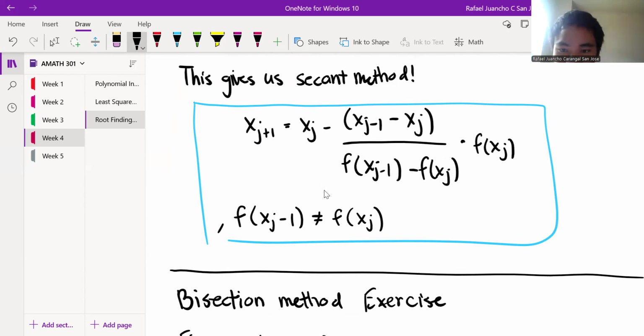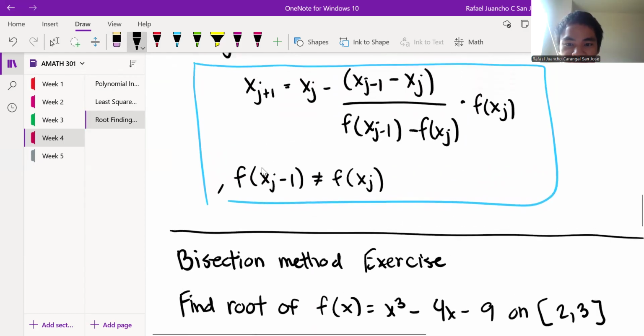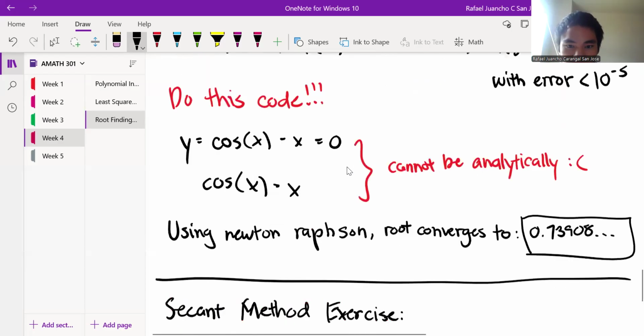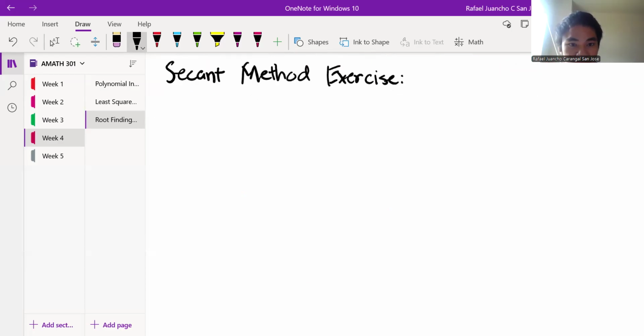Okay, let's do an example. And yeah, provided that this j minus 1 is not equal to this, or else it would be 0. As simple as that. Okay, let's go ahead and do an example here. Let's find the root. So again, these are root finding algorithms or methods.